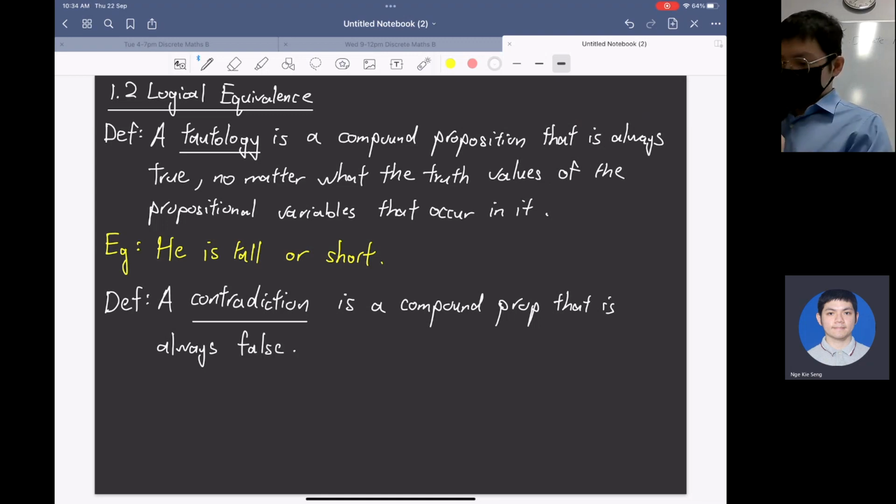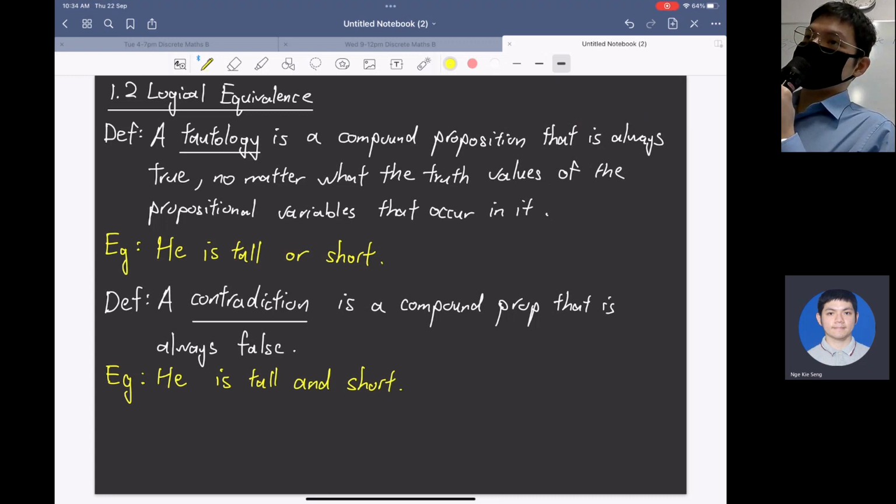For example, same example again, similar: it is tall and short. A person can't be tall and short at the same time. So you contradict yourself. So this is a contradiction.